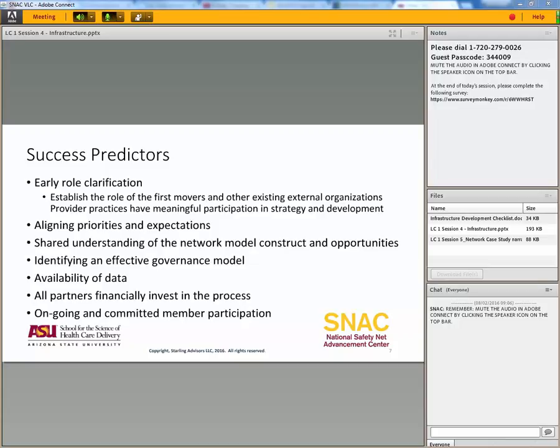Availability of data. Interestingly, I think to many folks, at the early formation of these types of networks, it's less about external data and more about the sharing of data from the network's members to the network.